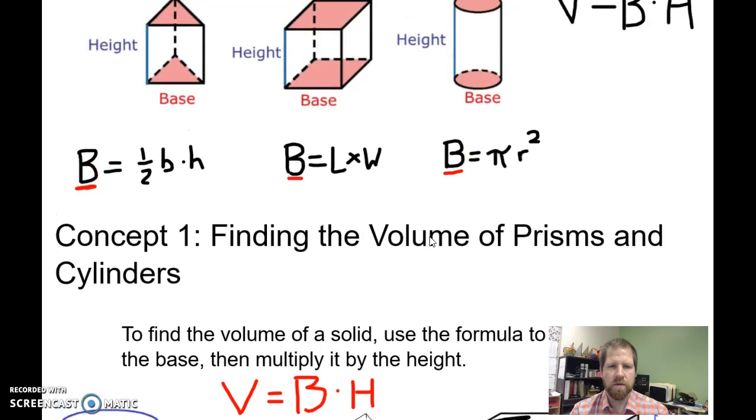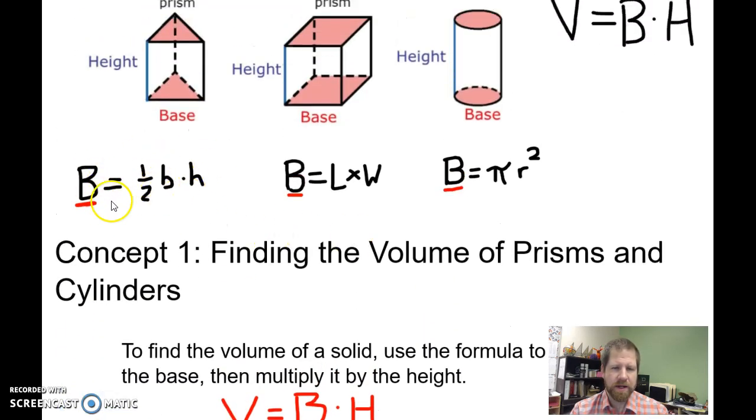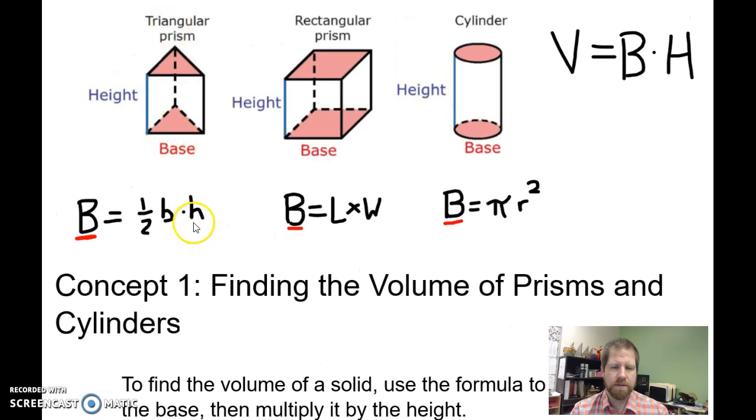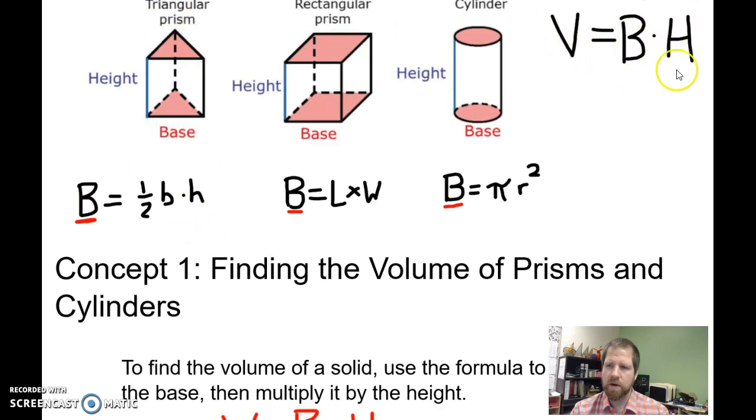And if you remember, for our triangular prism, the volume overall is still going to be the big base times the height, but for our triangle, it's 1/2 the base times the height, which is basically 1/2 length times width.